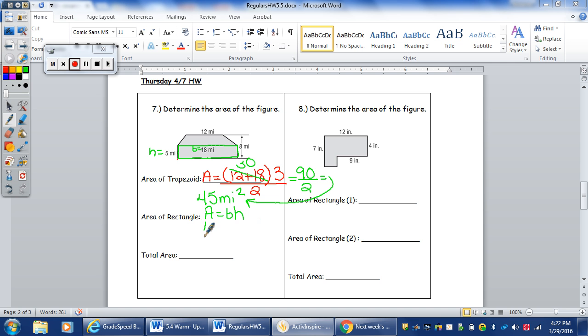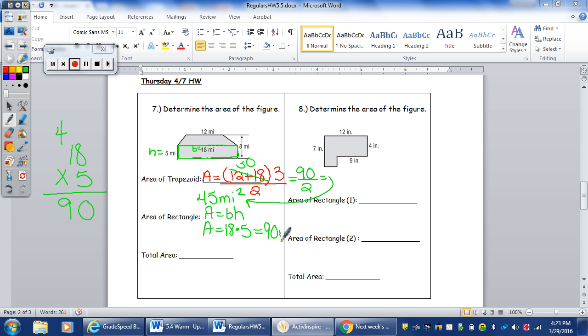Now all I have to do is multiply 18 times 5, and I have the area of my rectangle. So I'm going to do that over here. 18 times 5. I know 5 times 8 is 40. And 5 times 1 plus 4 is 9. So 18 times 5 is 90.